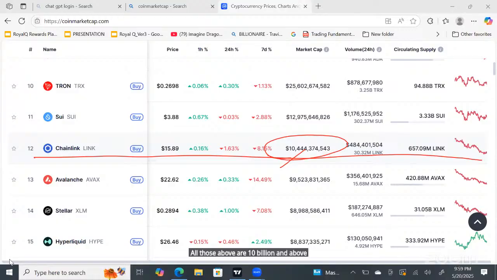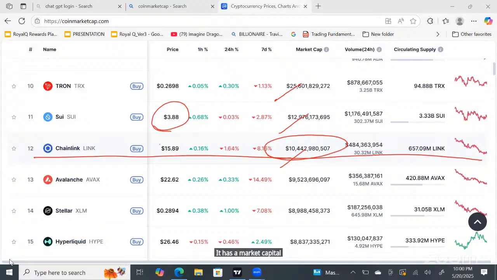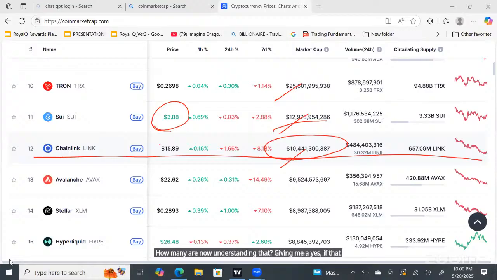You see, 10 billion, 12 billion, 25 billion, like that. Although SUI is seated at $3, it has a market capitalization of 12 billion. How many are now understanding that? Give me a yes if that is clear as we continue.